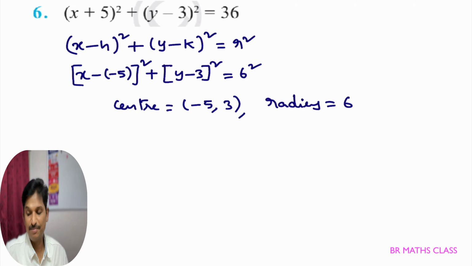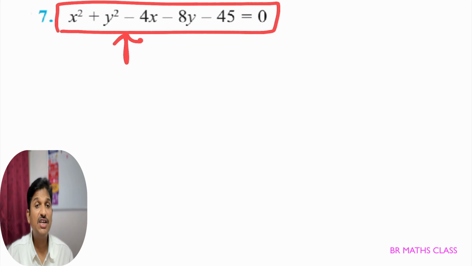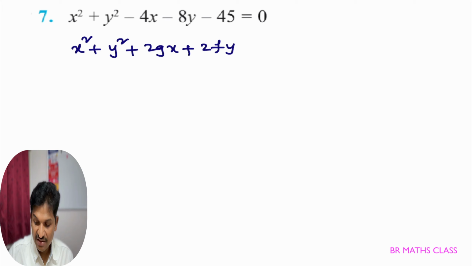You see this 7th question, we need to find center and radius of this circle. By seeing this equation, what idea are you getting? This is the general form. What is the general form of a circle? I'll write here. General form of a circle is x square plus y square plus 2gx plus 2fy plus c equal to 0.